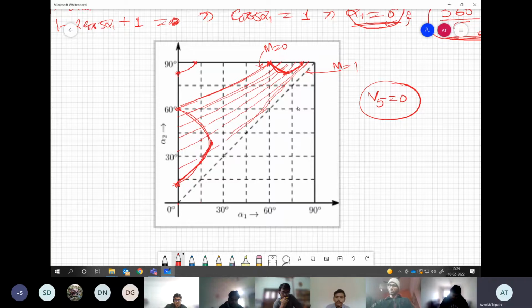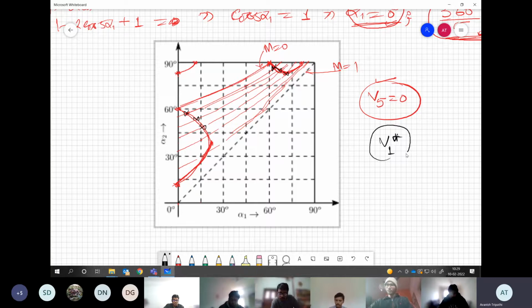So, which means to say that if let us say we are trying to eliminate the fifth harmonic, we know that for a particular modulation index, what options I have for eliminating the fifth harmonic component. Are you able to see that? So all these points which are there at the intersection of a particular modulation index and V5 equal to 0, these points will give you a fixed modulation index.